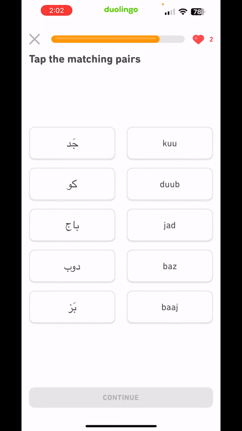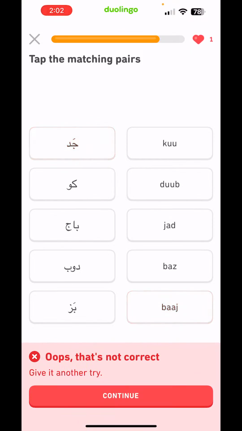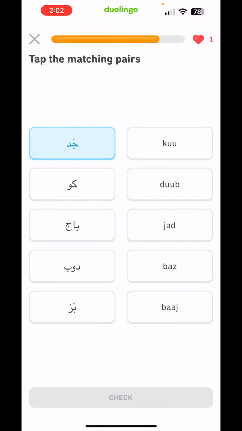Ja. Something with a Baj. Jed. Oops, I dropped my AirPod. Gosh. Alright, so that was Baj. Oh, wait. Dropped my headphones. That kind of distracted me. Jed.